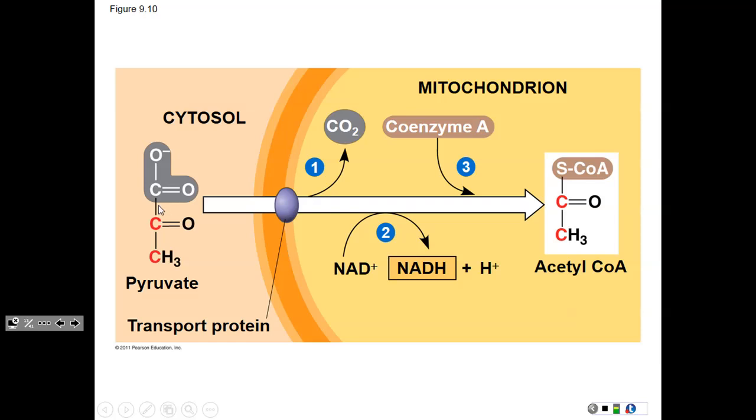It's the breaking of this bond that pays the entropy tax, that allows you to drive this process and make it an energetically favorable process. So the price that cells are paying to get pyruvate into the mitochondria so that it can do the rest of the process of the citric acid cycle, the price that cells are paying is whatever energy is associated with this covalent bond.